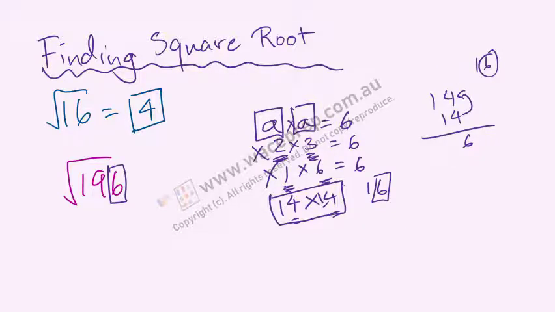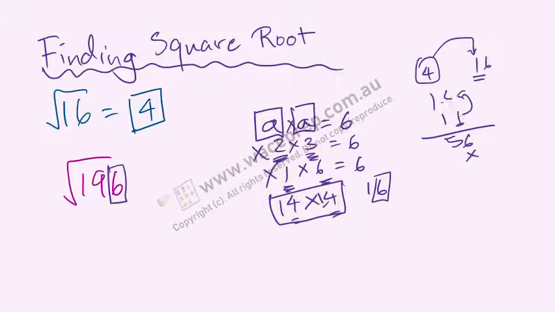Now we still have a 1 in our hand. Now 4 times 1 is 4. This 4 gets added to this 1. We have 56.